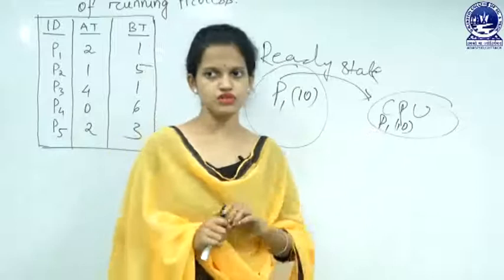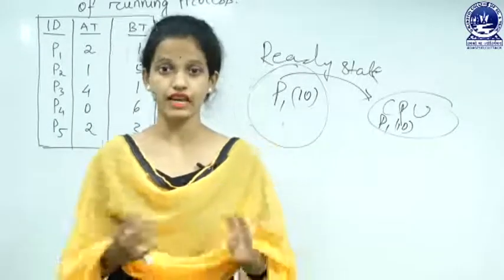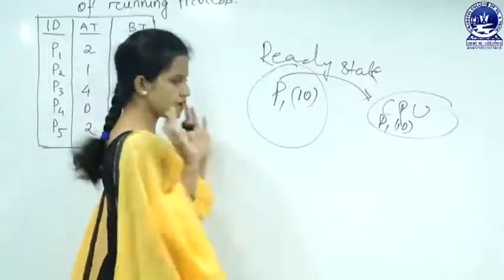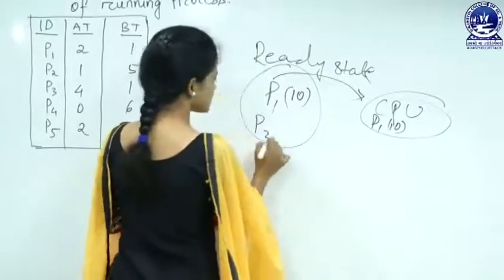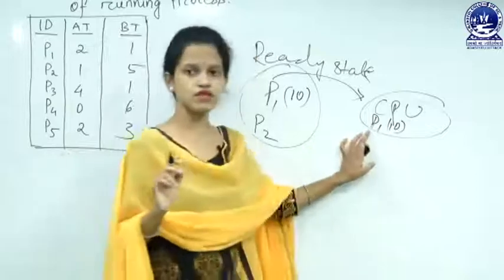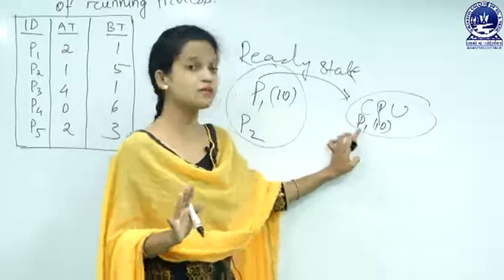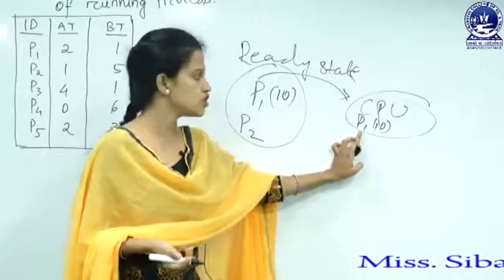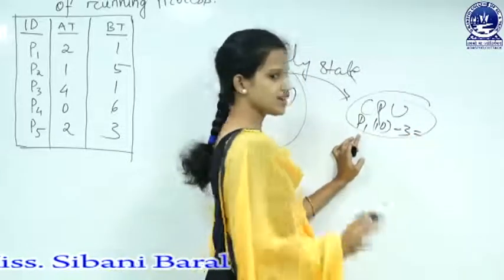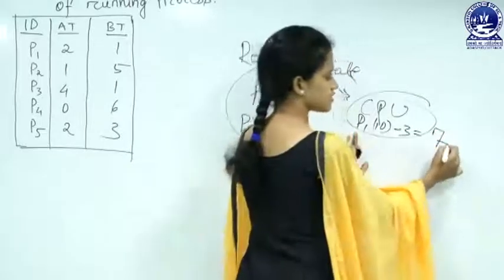Suppose after 2-3 milliseconds, let's say after 3 milliseconds, a new process P2 arrives in the ready state. P1 has already completed 3 milliseconds of execution, so the remaining burst time of P1 is 7 milliseconds.